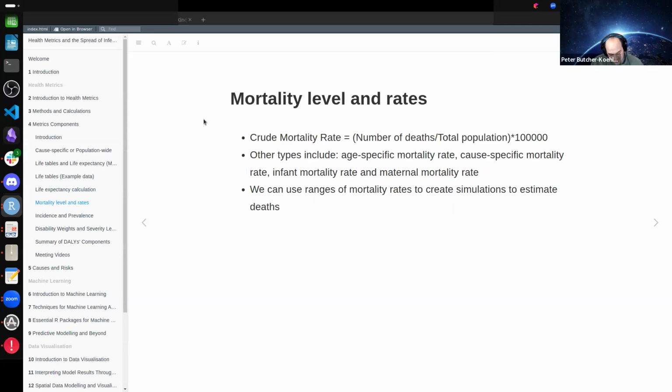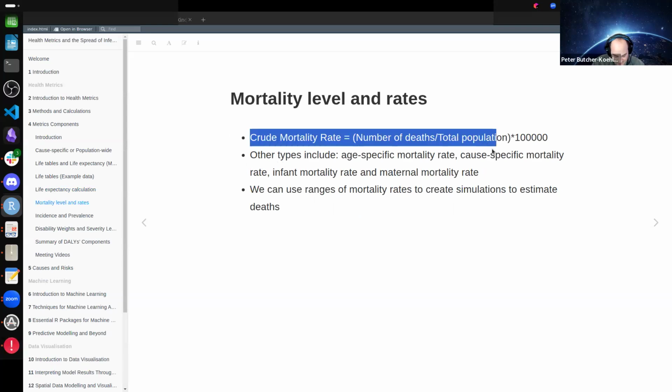Next we look at mortality rate, as it's another component we need to calculate years of life lost. The most common version of this metric is the crude mortality rate, which is given there.